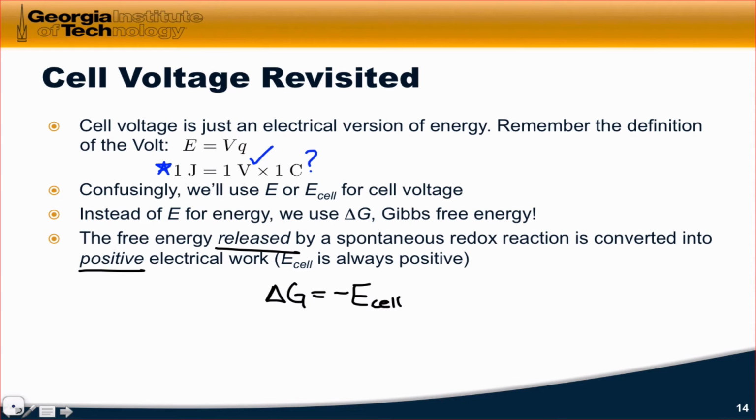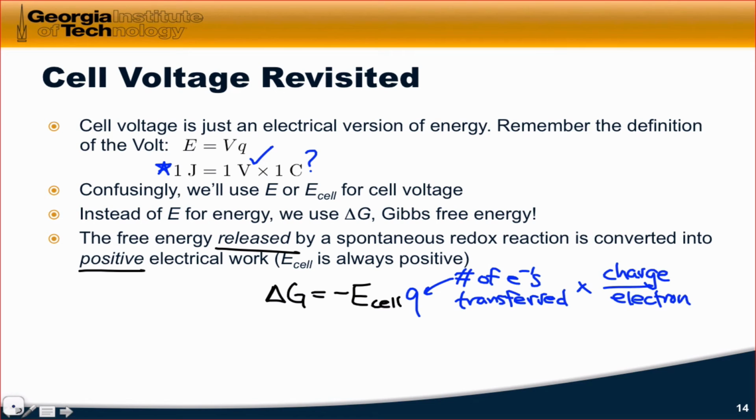How do we represent this? Well, this is just some charge Q, and for a galvanic cell relying on a redox reaction, this Q is the number of electrons transferred times the charge per electron. The number of electrons cancels out, and we're just left with the total charge transferred over the cell in execution of this redox reaction.